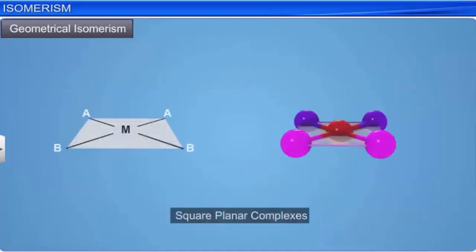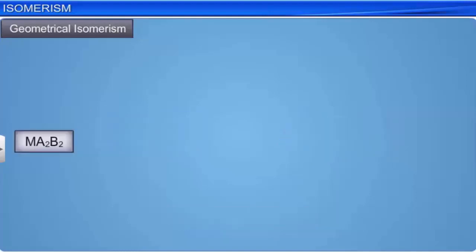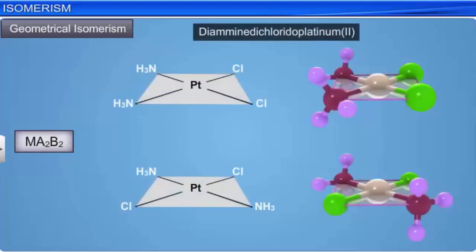The square planar complexes shown here usually show cis-trans isomerism. The first complex is of the type Ma2b2. The best example of this type is diamine dichloridoplatinum(II). Both cis and trans isomers of this complex are shown here.